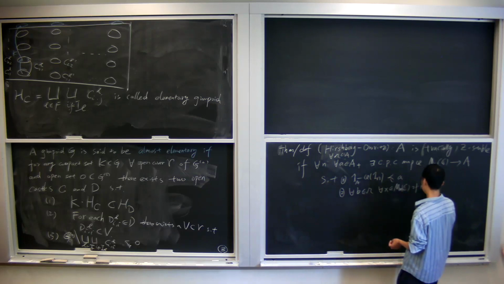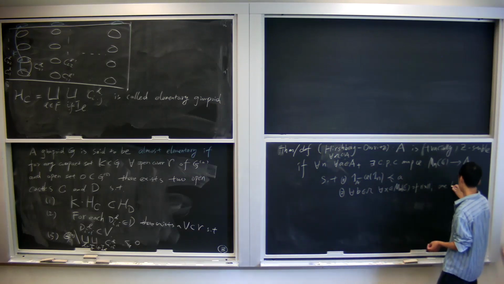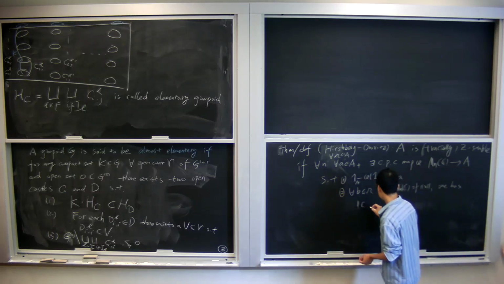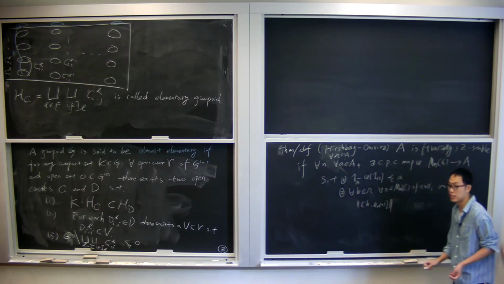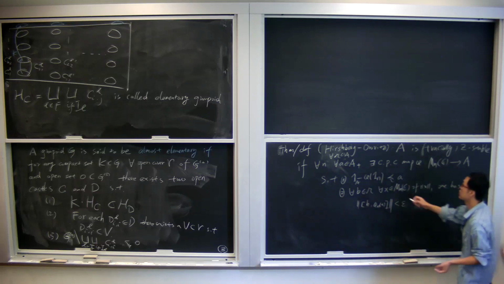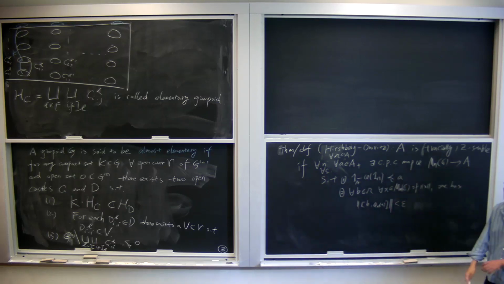one has that the commutator of b and phi of x is almost commutative, controlled by this epsilon. So that's the stability.